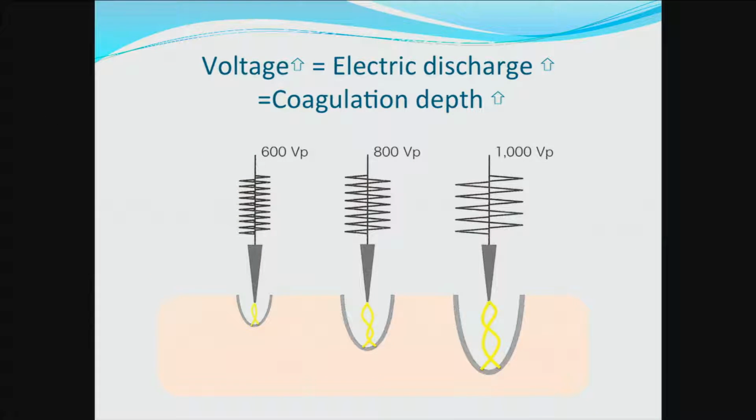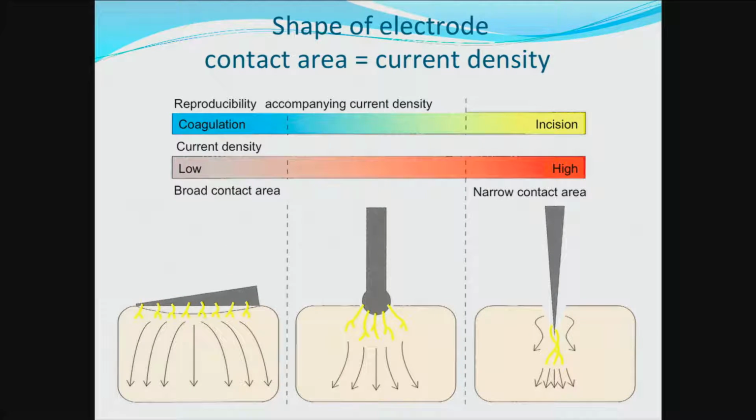Heat coagulation depth on incision section is proportional to the strength of electric discharge. Joule heat rapidly generates heat according to increase of current density. Actually, current density increases according to sharpness of the device tip with small contact area to tissue.